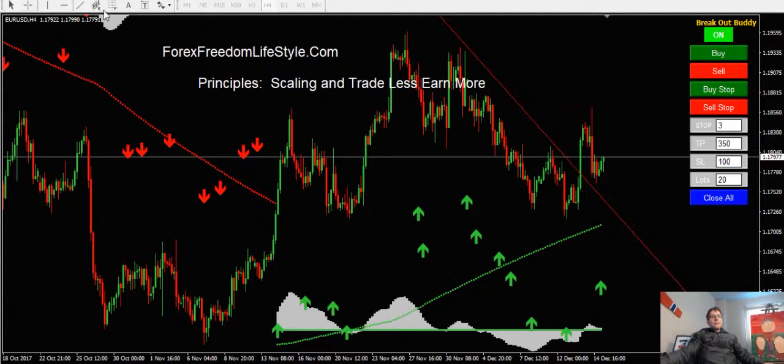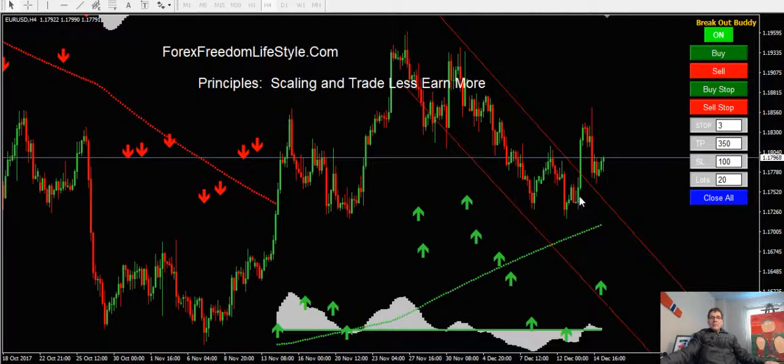Even though we are in an uptrend on the H4 chart, as indicated here by our green dots, strength of trend indicator, cloud cover shows strong upward move. Even though we're in an uptrend, we did have a correction down, and that can happen. However, we do not trade short in an uptrending market.